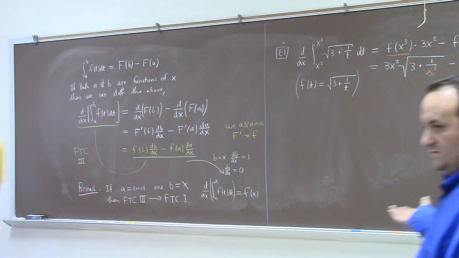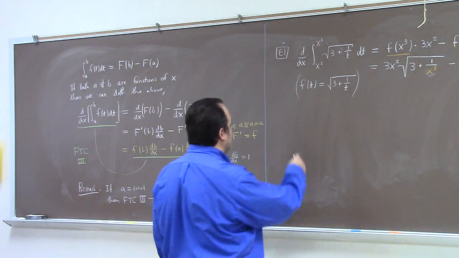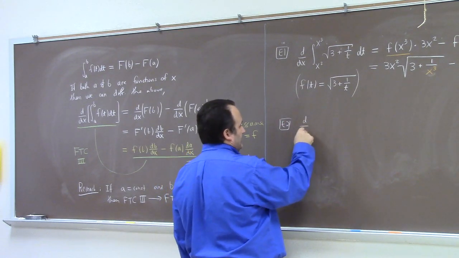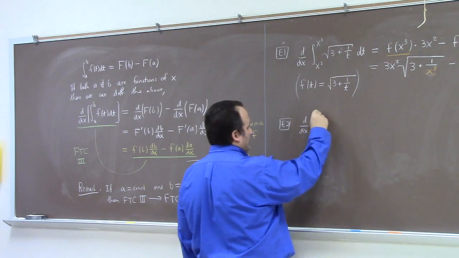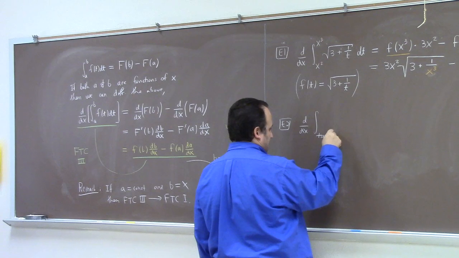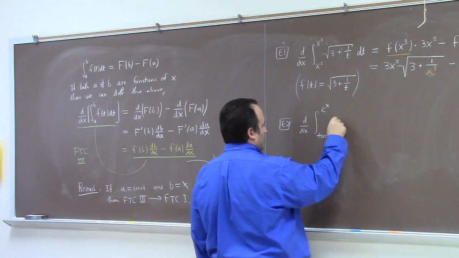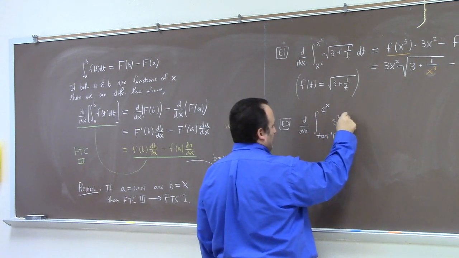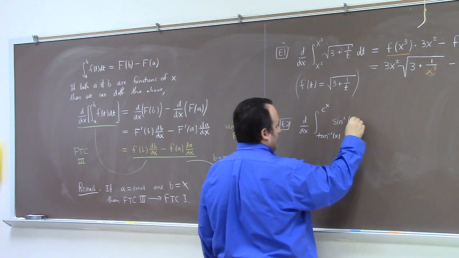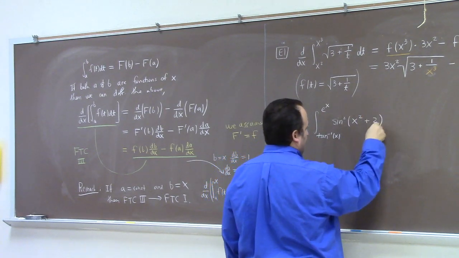Any questions about this? Example 2. d dx of the integral from, let's say, inverse tangent of x to e to the x of the sine squared of t squared plus 2 dt.